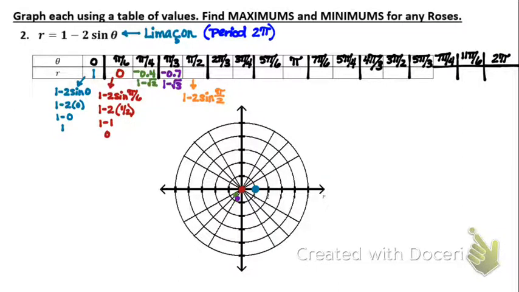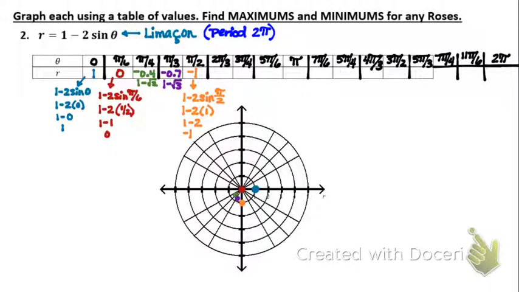What's sine of pi over 2? 1. So I end up with 1 minus 2, which is negative 1. So here's pi over 2. I need to go backwards 1, so it's right here.